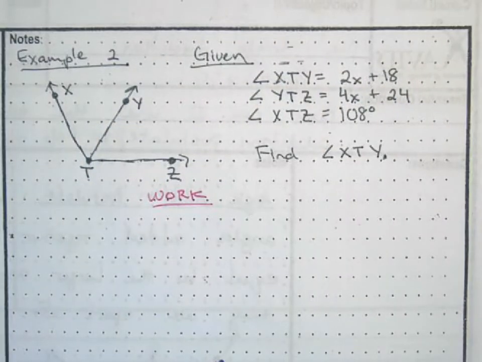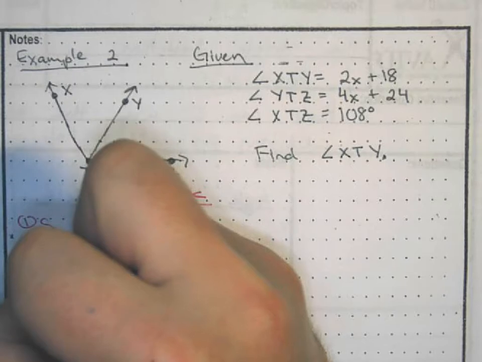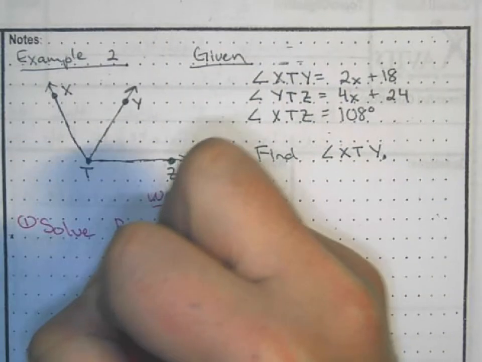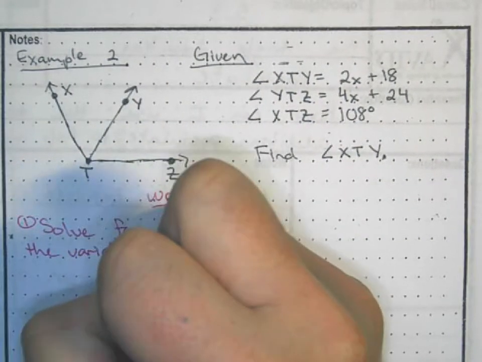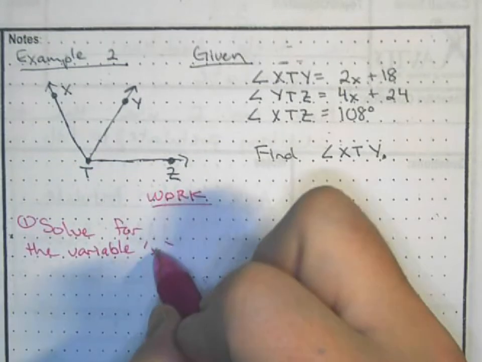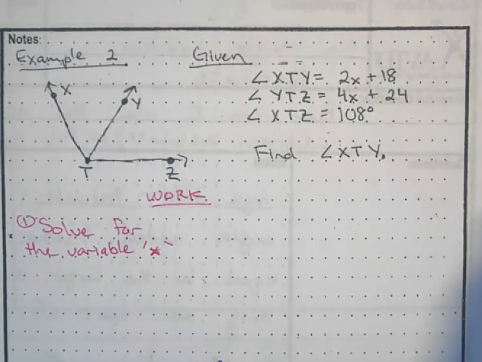Okay, so the first thing I need to do is solve for the variable x. So we'll use the angle addition postulate to set up our equation.